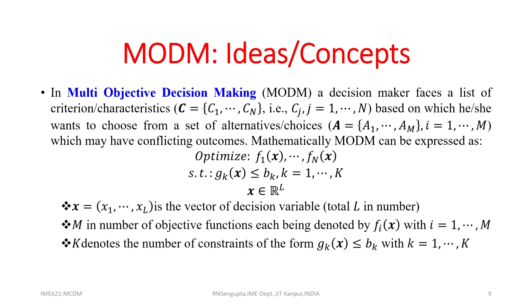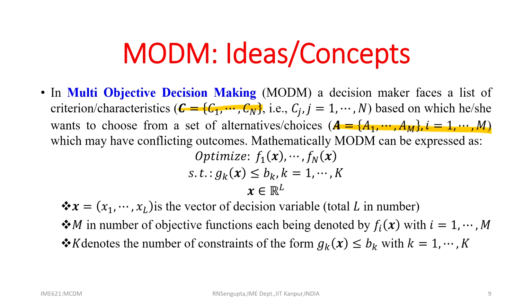In multi objective decision making, which is the second subtopic under multi criteria decision making, a decision maker again, as I said, faces a list of characteristics or criteria, which we have already denoted by C1 to Cn, n in capital, based on which he or she wants to choose from a set of alternatives A1 to Am, i equal to 1 to m, which may have conflicting outcomes.